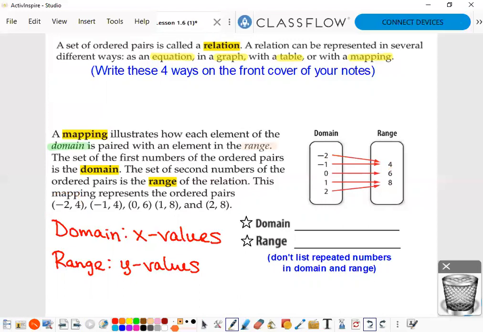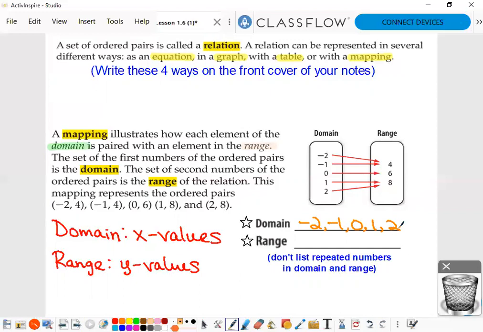All right? So let's maybe try to use our mapping to fill in our domain and range. So for domain, I'm going to just list the numbers I see here, -2, and I'm going to use commas, -1, 0, 1, 2. And then we use this special notation when we're talking about domain and range.